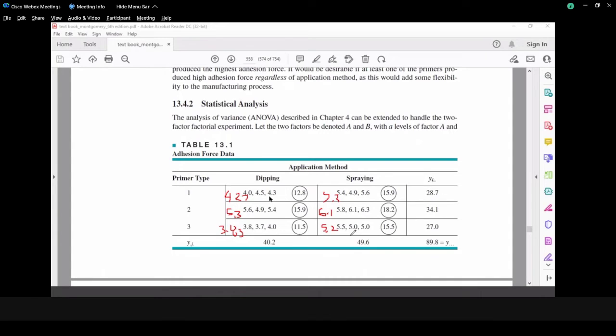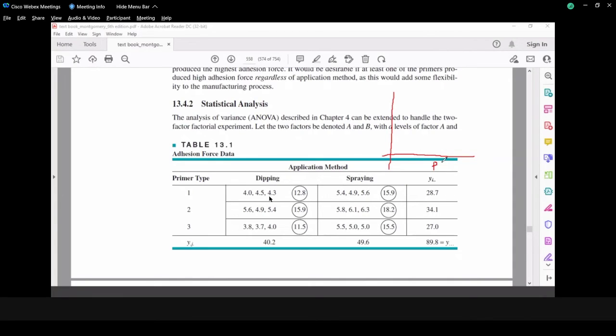Remember, previously you plotted like this. I want to show you how to construct the interaction plot. First like this, you have primer type here, PT.